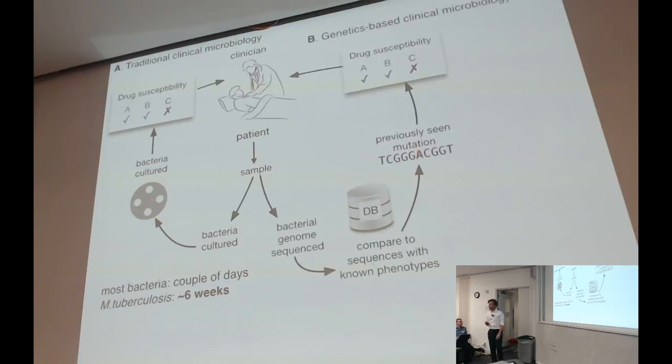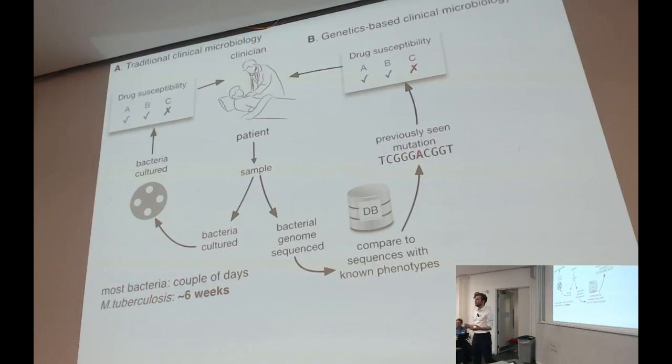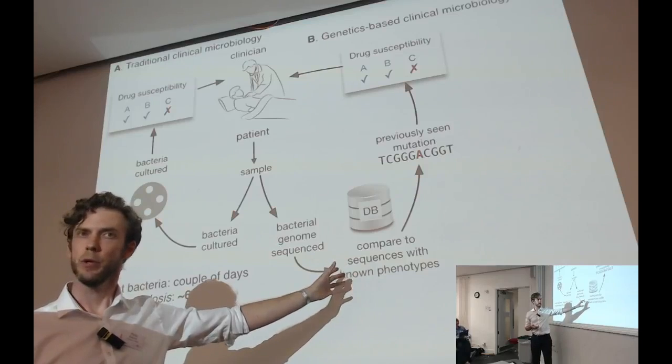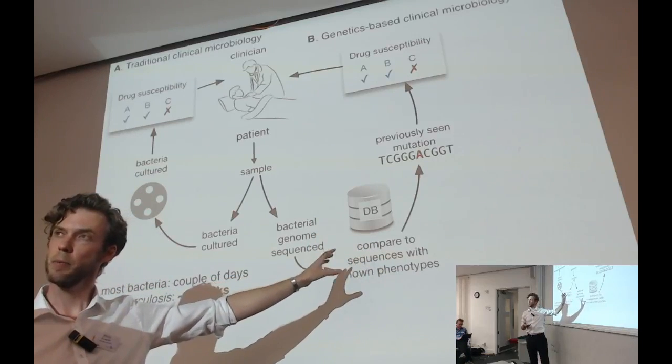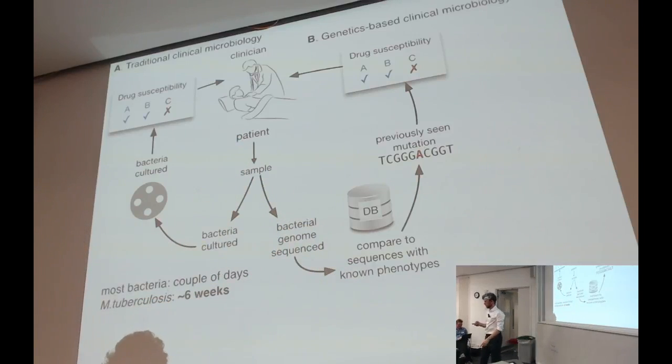So what we're trying to do as a whole, this is where I fit in, is replace this with genetic sequencing, which we can do because whole genome sequencing is dollars now for bacteria. Then we look at a panel of, say, 12 to 15 genes that we know are implicated in resistance, compare the mutations within a database to known phenotypes, and predict the susceptibility.